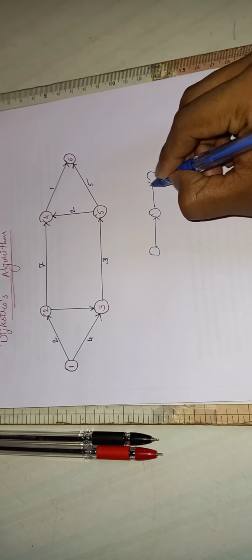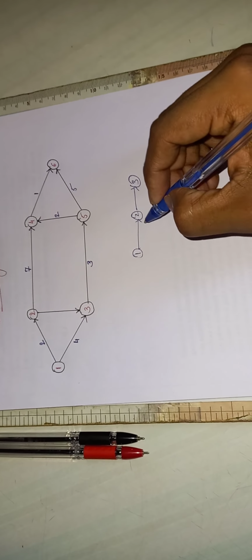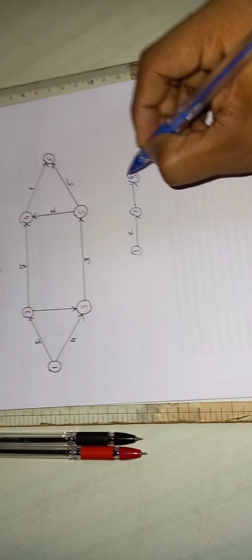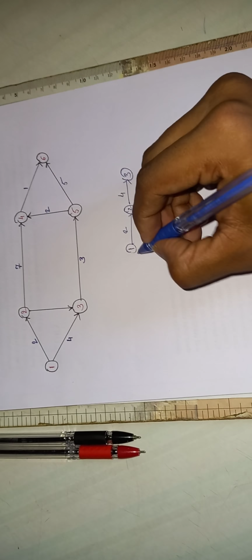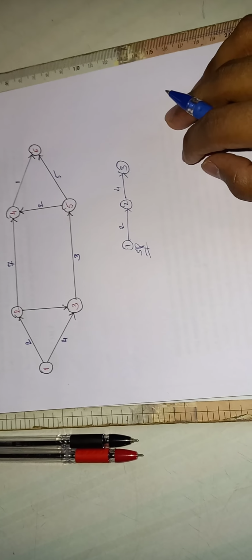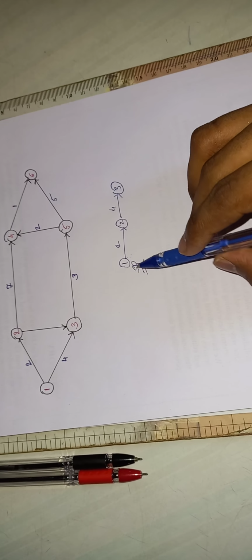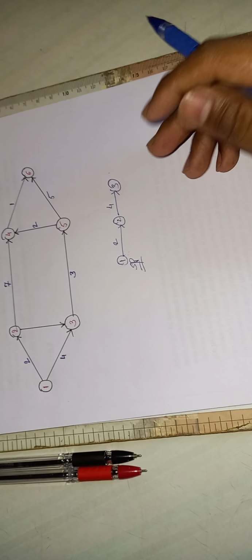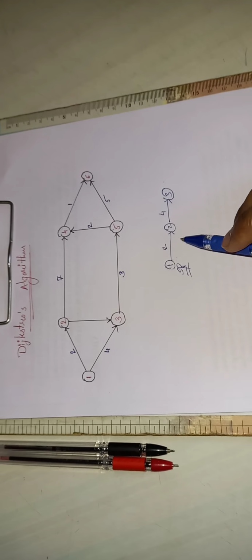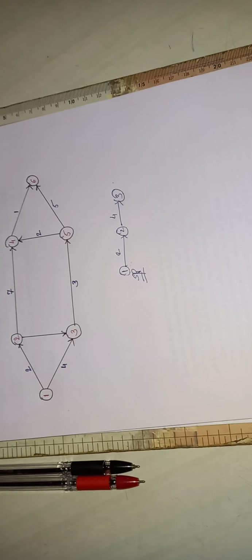We have to travel from 1 to 3, and the weight or cost for each edge is: 1 to 2 is 2, and 2 to 3 is 4. This is our starting point. No doubt there is no direct path from 1 to 3, but we have to travel by following the shortest path possible from 1 to 3.